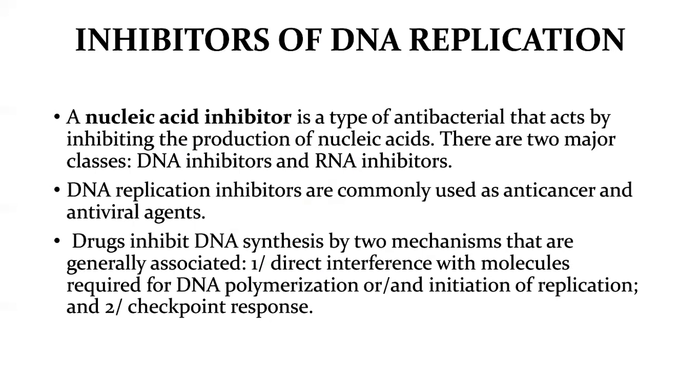There are 2 classes of inhibitors, that is DNA inhibitors and RNA inhibitors. DNA inhibitors inhibit DNA production, and RNA inhibitors inhibit the production of RNA. DNA replication inhibitors are commonly used as anti-cancer and antiviral agents.